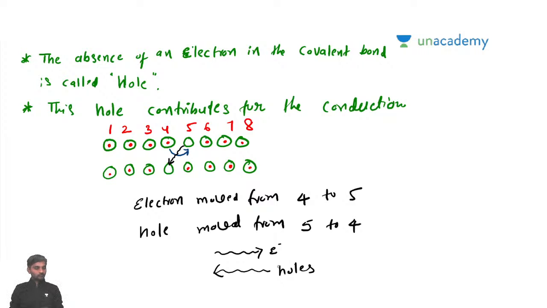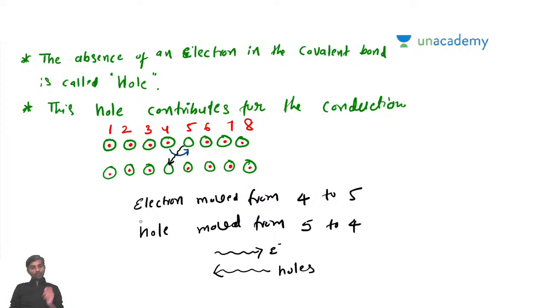Remember this point. When the electron is moving from left to right, holes move from right to left. Or if the electron is moving from right to left, holes move in the opposite direction. The flow of electrons and holes will be in opposite directions.